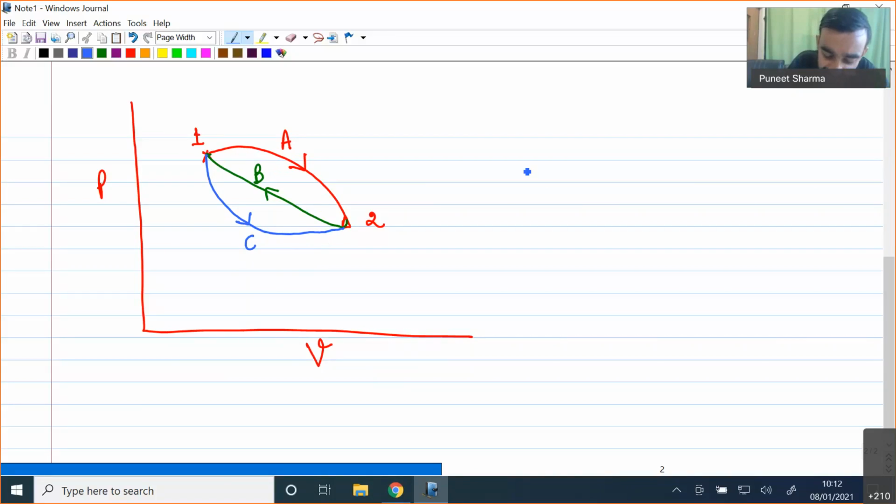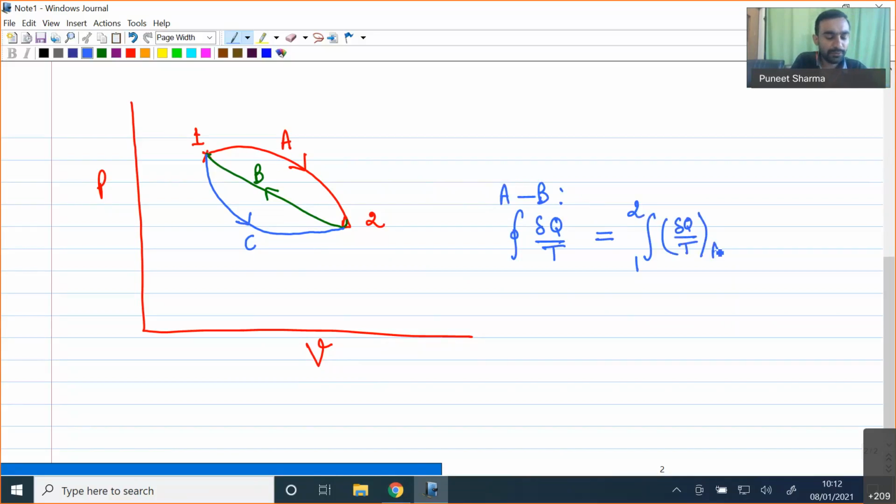Let me first take processes A and B. When I take processes A and B, I can say that the cyclic integral of del Q by T will be the integral from point 1 to point 2, and this integral I have to take along path A, because while we are moving from 1 to 2, the forward path of the process is path A. Then we are moving backward from 2 to 1.